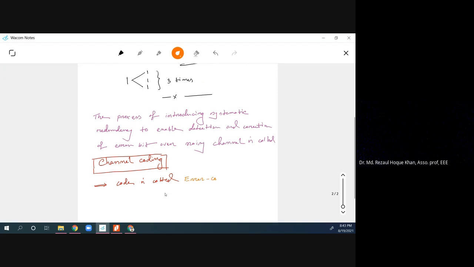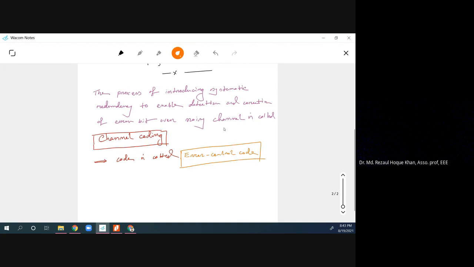So this way we introduce this term or terminology, channel coding. This process by which we introduce redundancy, by this we could detect and then correct error bit in the noisy channel. That is called channel coding, and the particular code is called error control code because it controls the error.